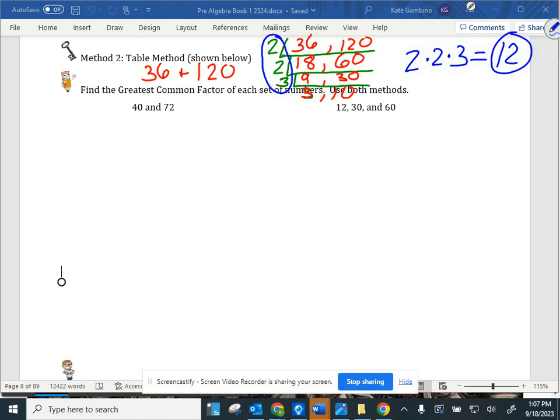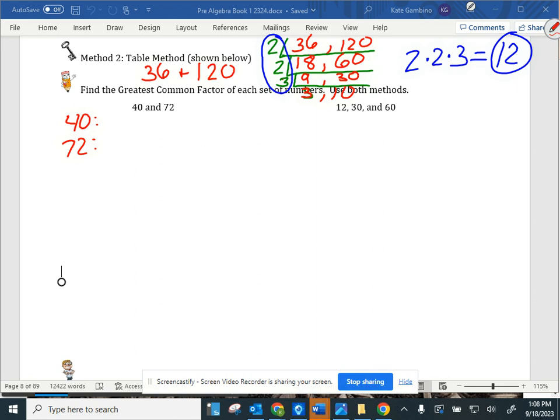So let's see how that works for 40 and 72. It says use both methods. So the first method would be listing all of my factor buddies for 40 and listing them all for 72. What are my factors of 40?